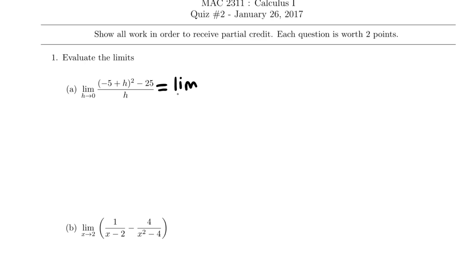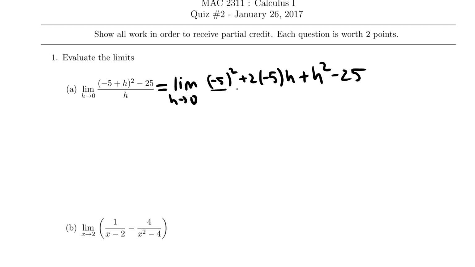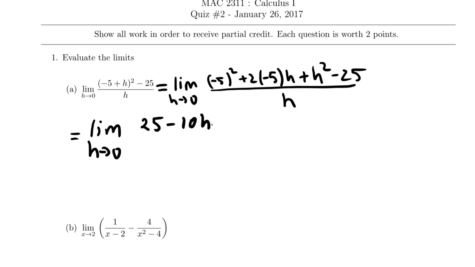So this is gonna turn into limit as h goes to 0 of negative 5 plus h squared, which is going to be negative 5 squared plus 2 times the first times the second plus h squared, minus 25, over h. And this equals limit as h goes to 0 of 25 minus 10h plus h squared minus 25, everything over h.